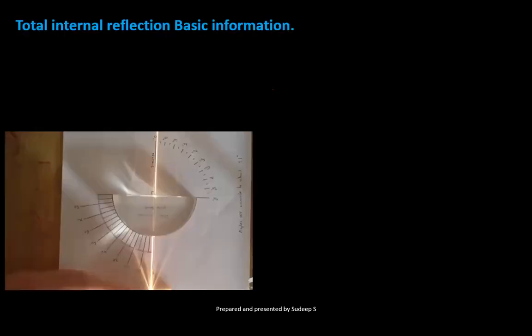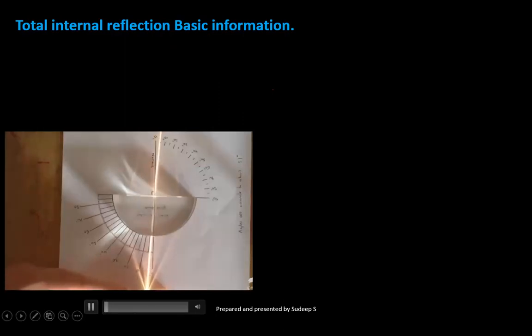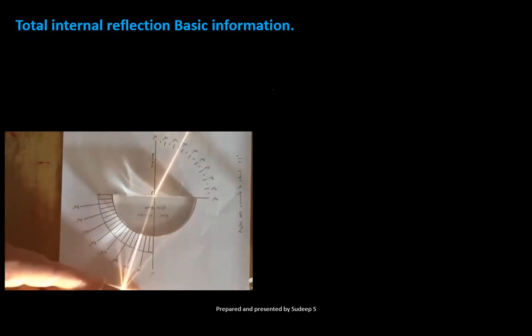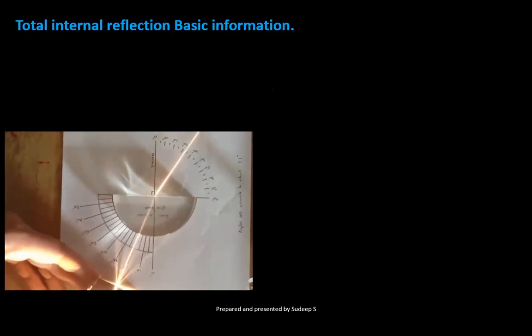So total internal reflection यहाँ पे हम लोग एक केस स्टडी के साथ समझने की कोशिश करते हैं. In this video, as you can see, there's a circular glass slab and a ray of light is incident. You can see the incident ray as well as the reflected ray here.